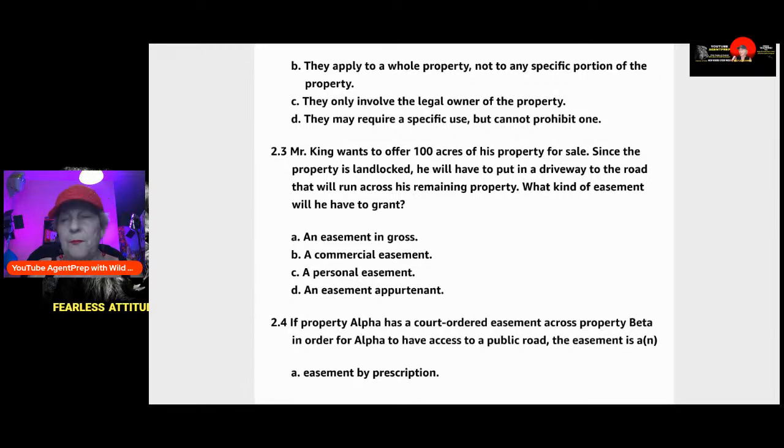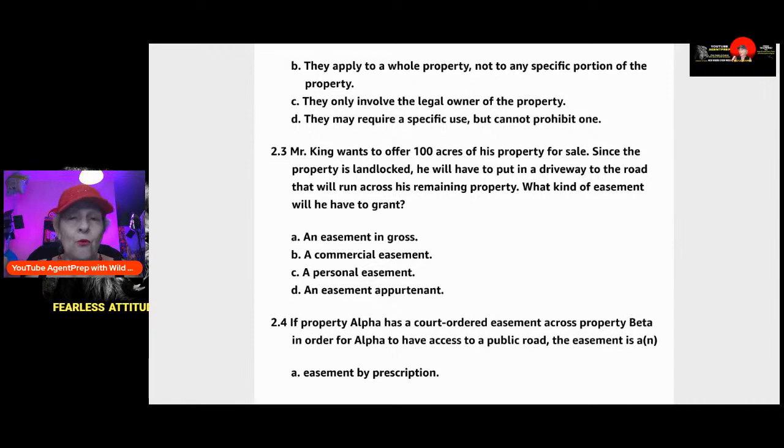This type of easement, when they're going to put a driveway to the road that will run across his remaining property, becomes a permanent easement when it's recorded, so that the land that is locked, either behind them or to the right or to the left or in front, depending where it's locked, has access. There's no access to that property because it's locked by the main acreage.